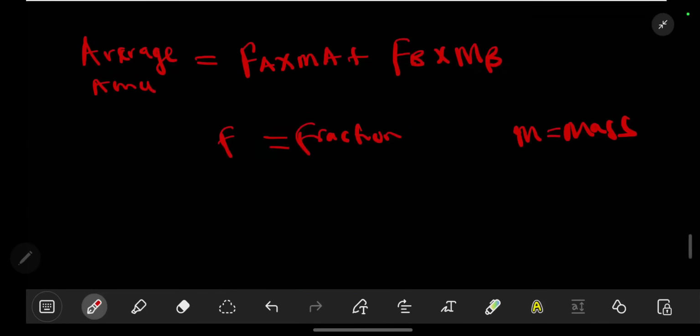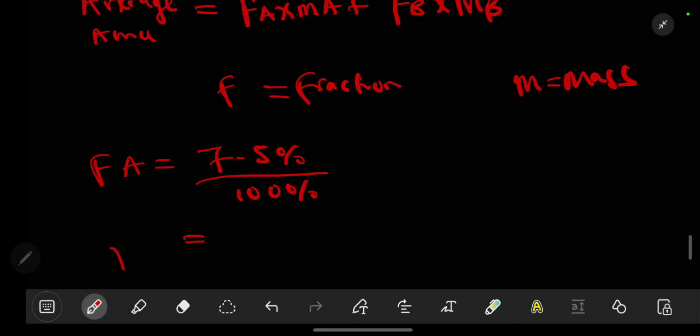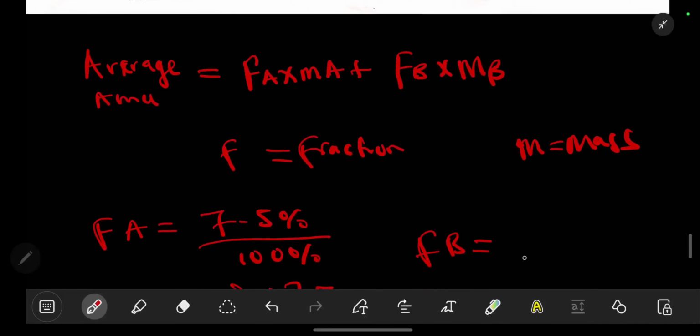We know that the percentage of A is 7.5%, and a percent is always out of 100. So the fraction of A will be 7.5 divided by 100, which gives us 0.075 like that. Then we have the fraction of B, which is 92.5%.